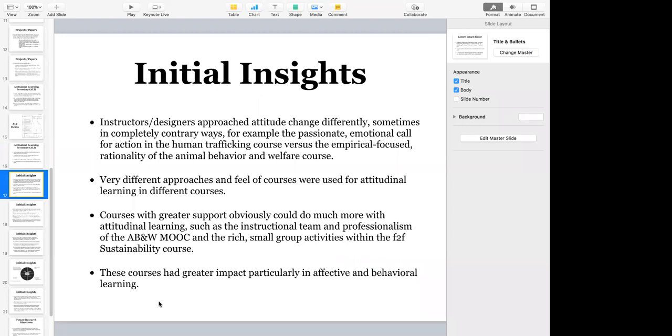So initial insights that we got from these cases and other cases that we looked at after validating our inventory. We saw that instructional designers and instructors approached attitudinal learning very differently, sometimes actually in very contrary ways.